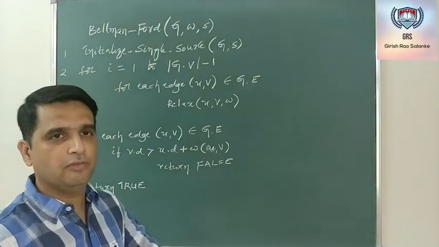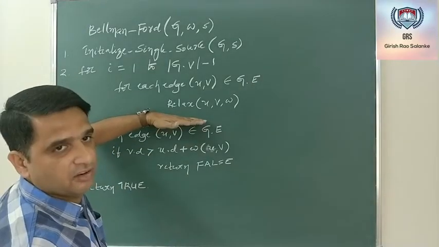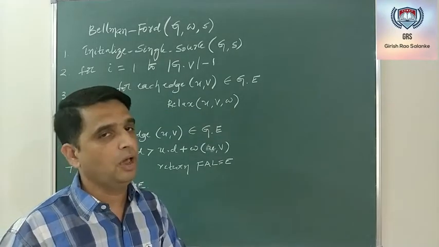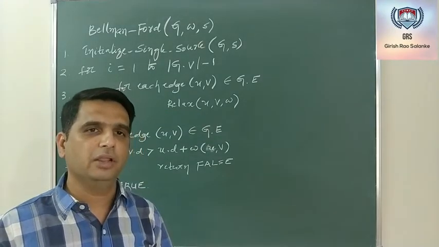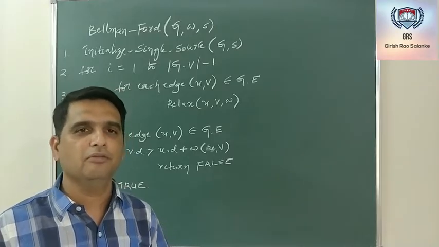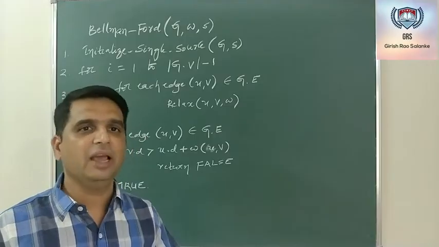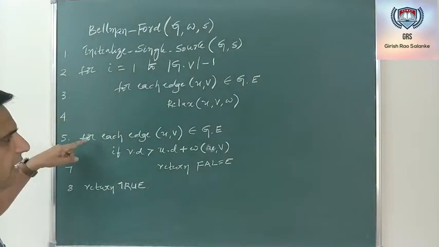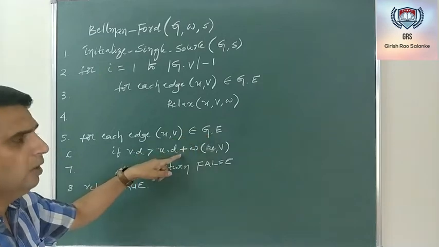Now actually the Bellman-Ford algorithm should stop at this condition itself. Once I do this, I should get the shortest path. One problem with the Bellman-Ford algorithm is that if there is a negative cycle, then it fails. How to check? Do a relaxation one more time. That is what I have done in this step. I have taken all the edges and I am trying to do relaxation.